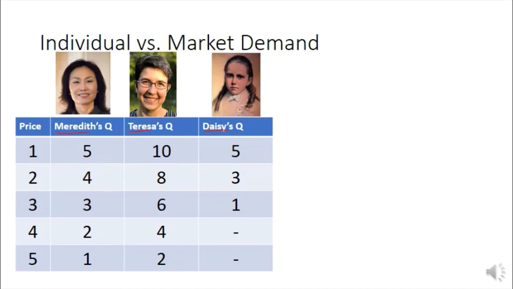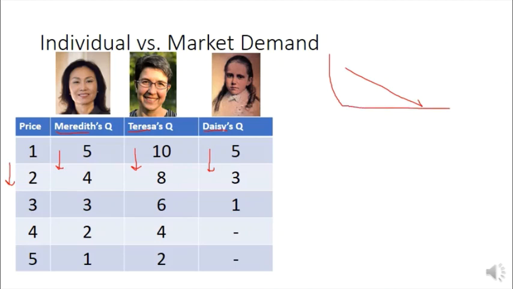In this market, as something gets more and more expensive, President Wu is buying less of it, Dean Garrett is buying less of it, and Daisy is buying less of it. Their demand doesn't look equal. They all have their unique tastes and wants, but they still obey that law of demand, that demand to the land. Demand is downward sloping.